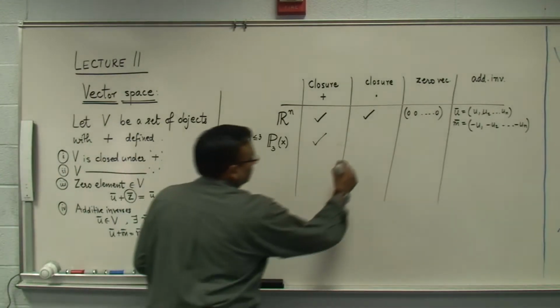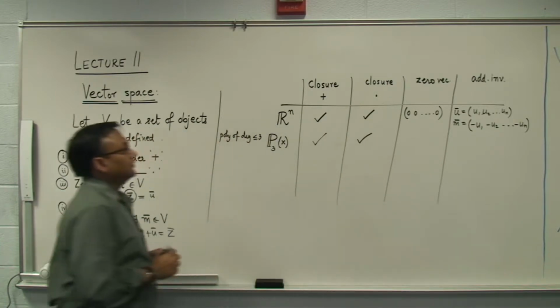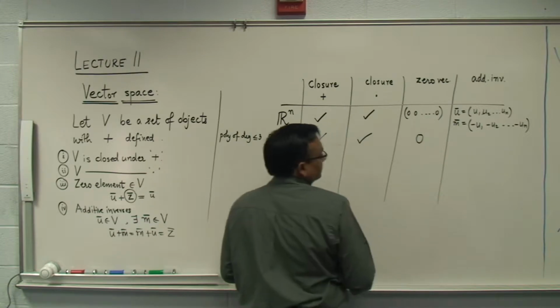If I take a polynomial multiplied by a scalar, the new polynomial will not have degree more than 3. The so-called zero polynomial will act as my zero vector.